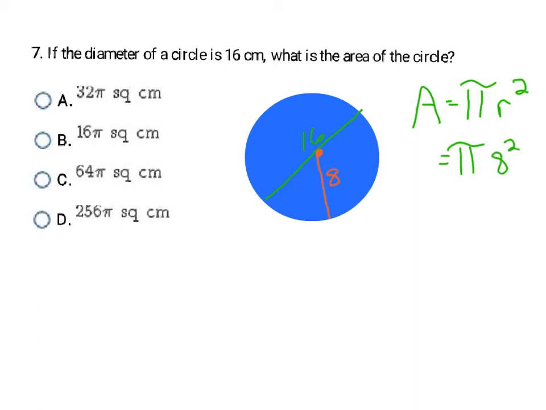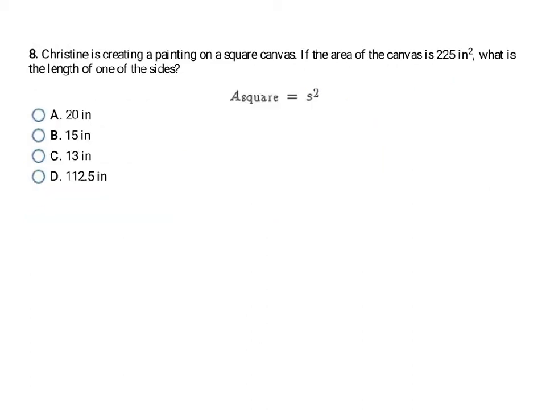Remember, 8 squared is not 8 times 2. It's 8 times itself. So 8 times 8, which is 64. So this is going to be 64 pi, because mathematicians just like putting pi at the end. It looks nicer. It's the standard way of writing it. And so that's going to be C, 64 pi square centimeters, my final answer.